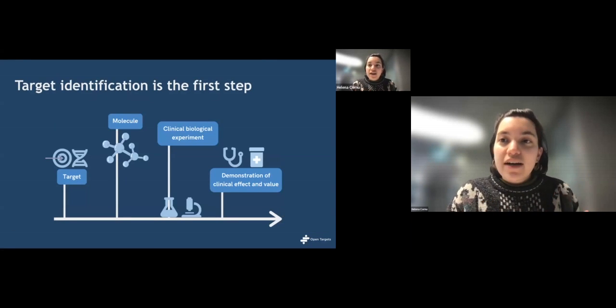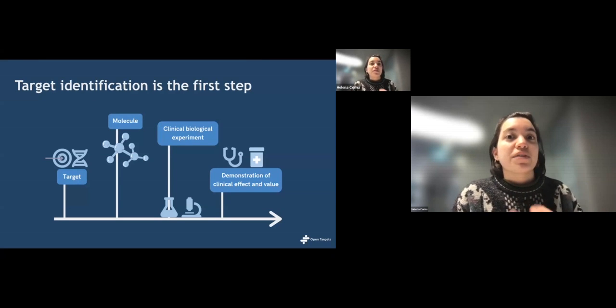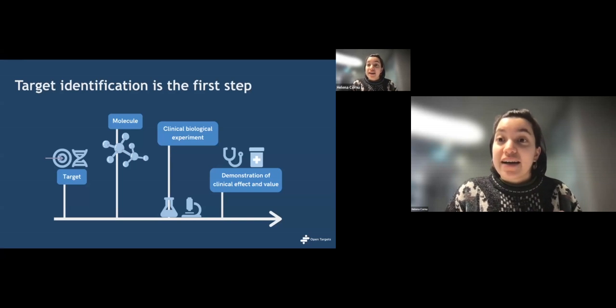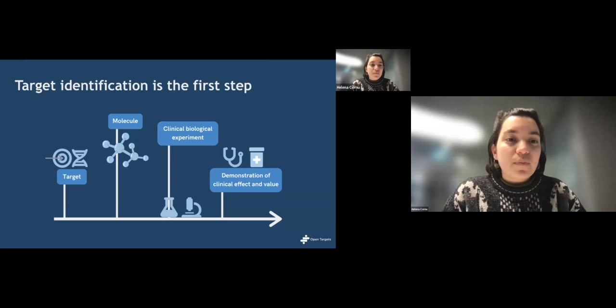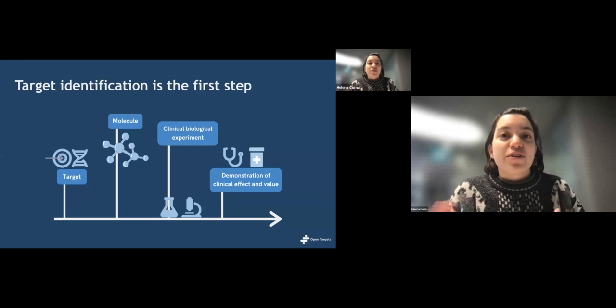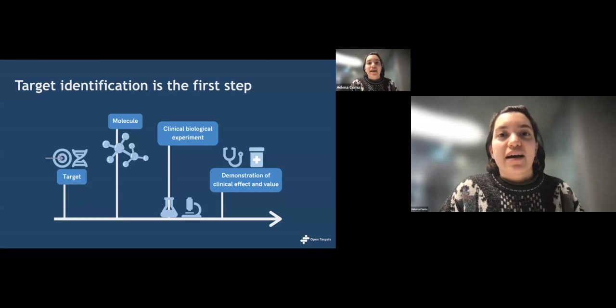When you start thinking about creating a drug for a specific disease, we thought really the first step is target identification: picking your target, your molecule, your gene, your protein, with which you're going to try and modulate in order to affect the disease. And so this is where we wanted to have our impact.